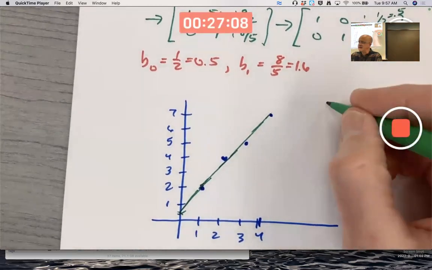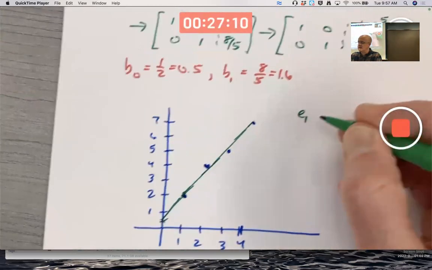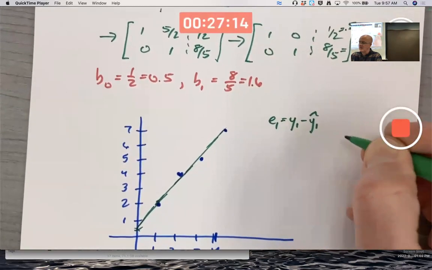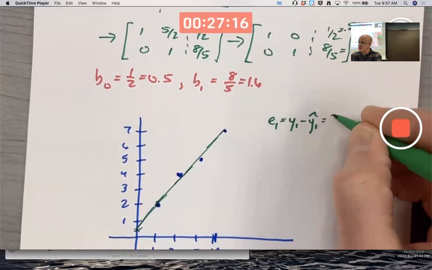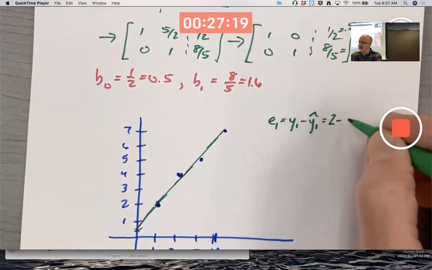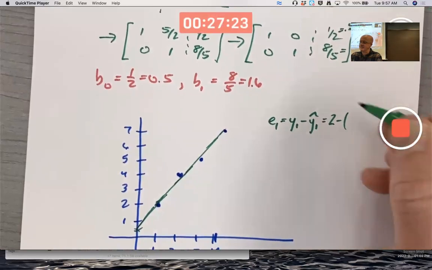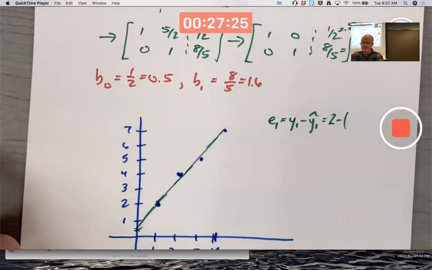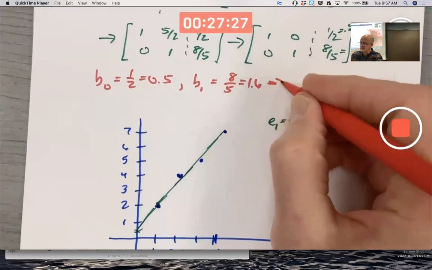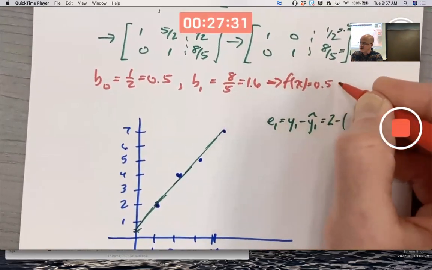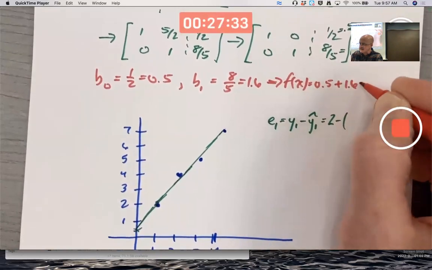So E1 is going to be Y1 minus Y1 hat. Y1 was 2. What's Y1 hat? You got to plug X1 into the regression equation, which is going to be f of x equals 0.5 plus 1.6x.